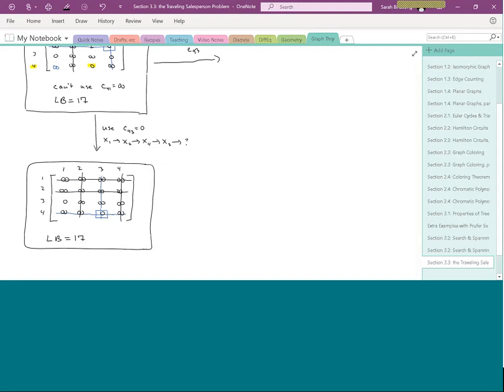Don't overthink it. Do we have a 0 in every row and column in play in this matrix? Yeah, there's literally one entry left and it's 0, so we're good, which means our lower bound stays at 17.